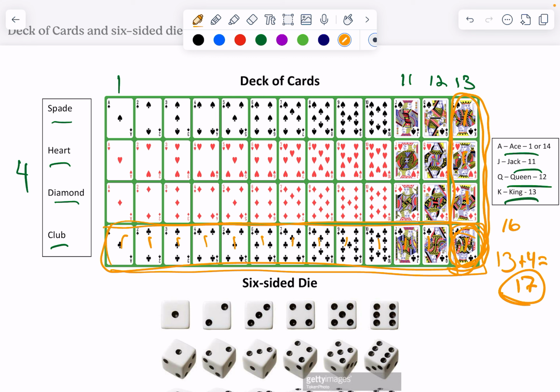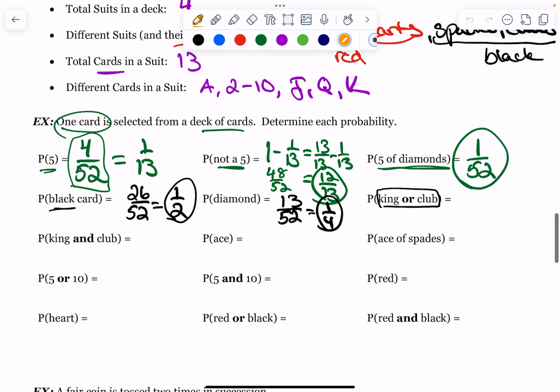With this number, we've counted the king twice because it's part of this and part of this. So what we need to do is subtract that king once away, and we get the same 16 as we got when we counted the cards. Okay, so king or club would be 16 out of 52, which simplifies to 4/13.